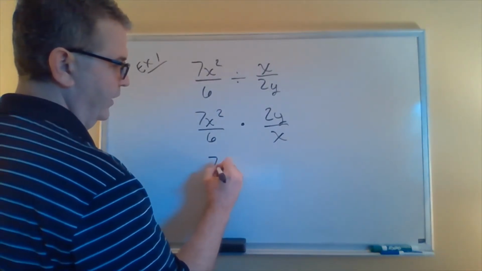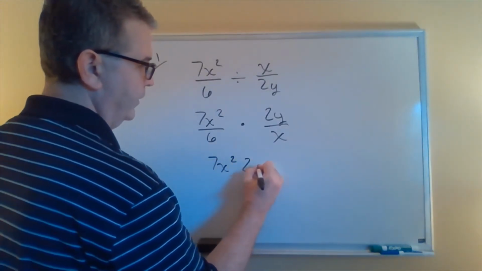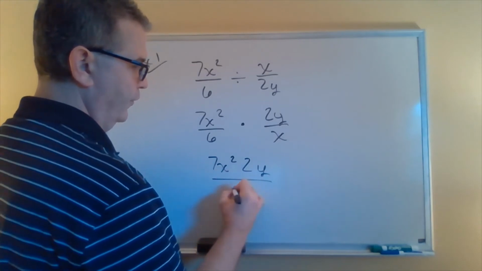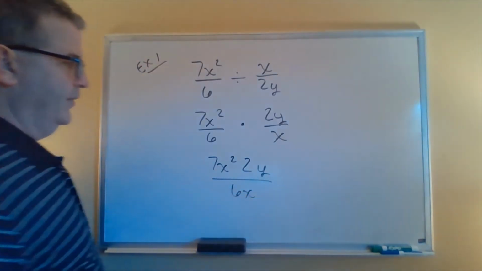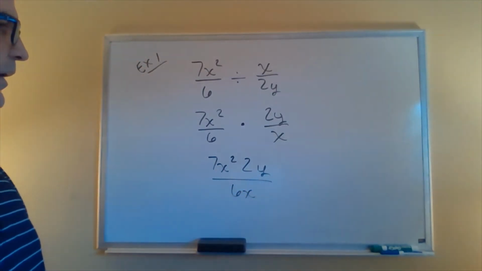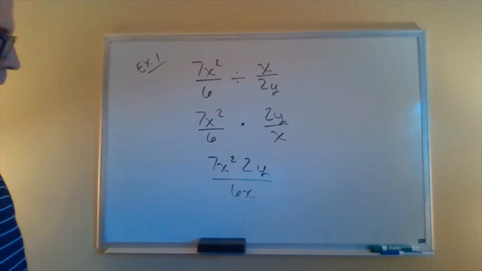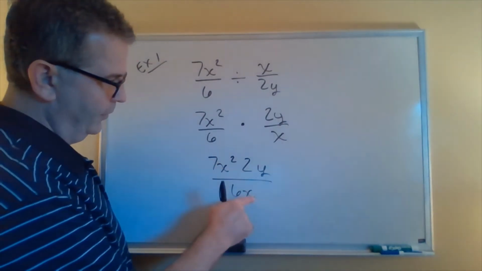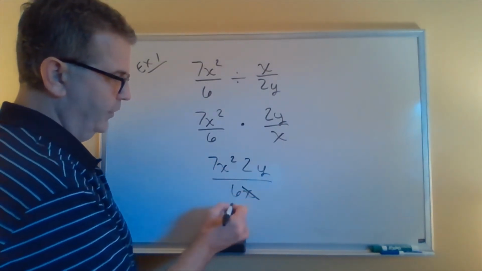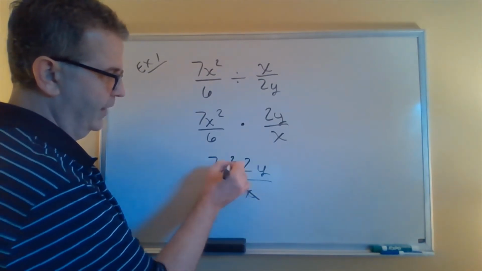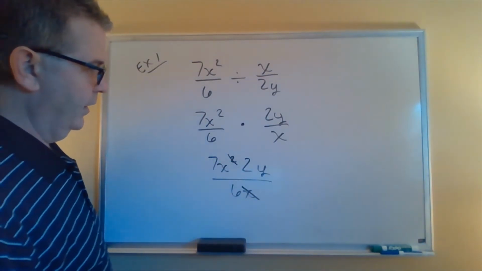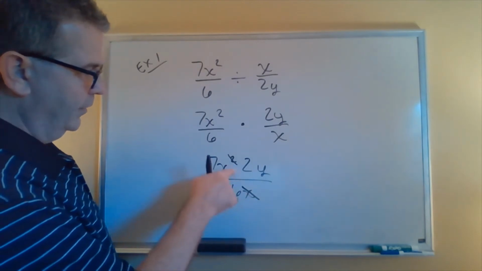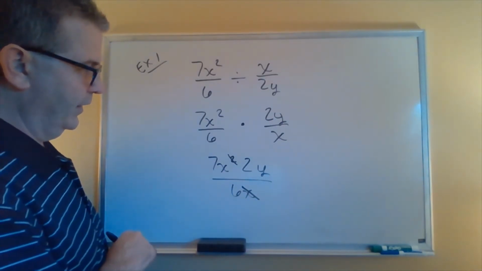So we're going to have 7x squared times 2y over 6x. Is there anything that we can cancel out here? Well, let's see. I have x squared up top and x on the bottom. So I can cancel the x on the bottom, and x squared on the top just becomes a single x.